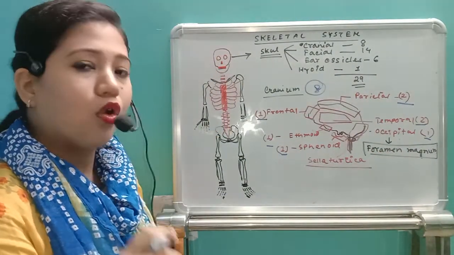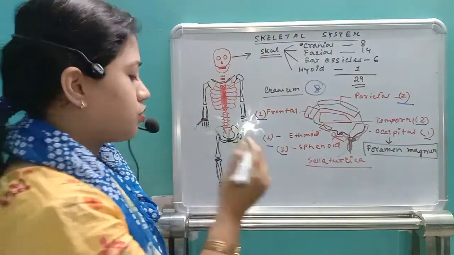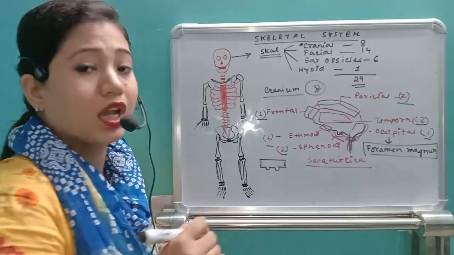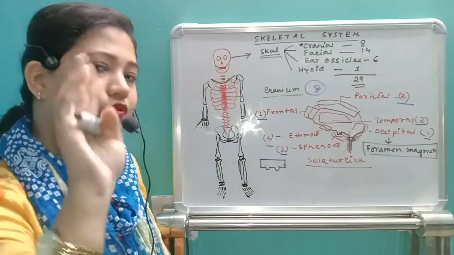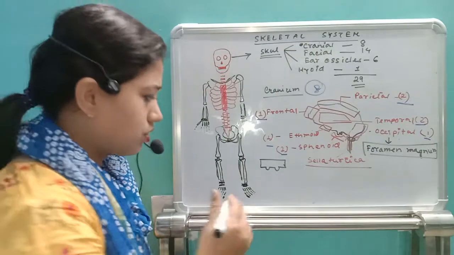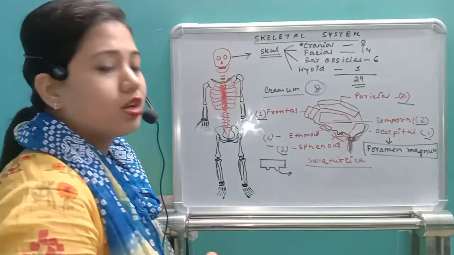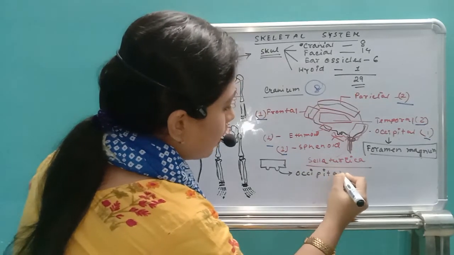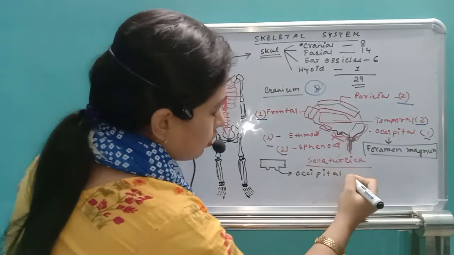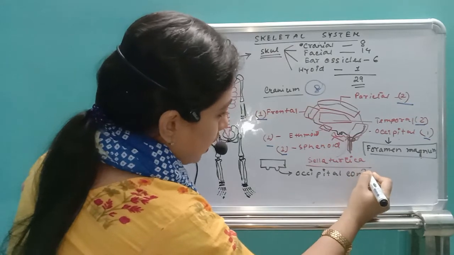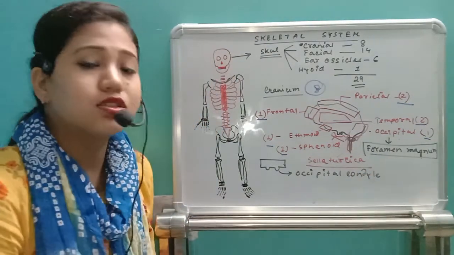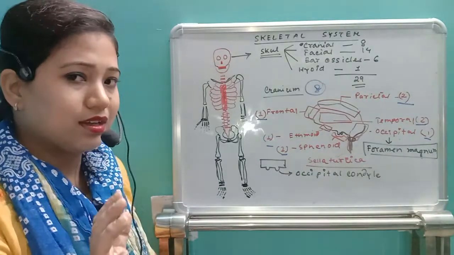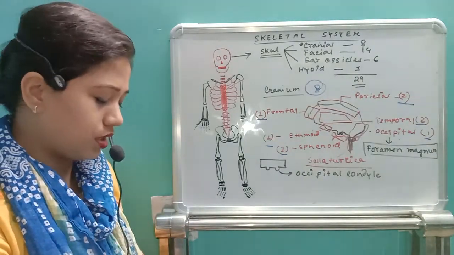Next thing you also need to know, suppose this is the occipital bone. This occipital bone is going to have two condyles. If you look at the back, we can see there are two depressions present. These are called the occipital condyles. The occipital condyles are going to be attached, not exactly attached, because we are going to have cartilage in it.